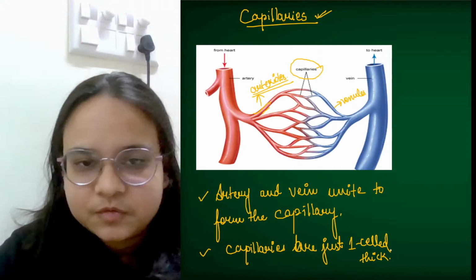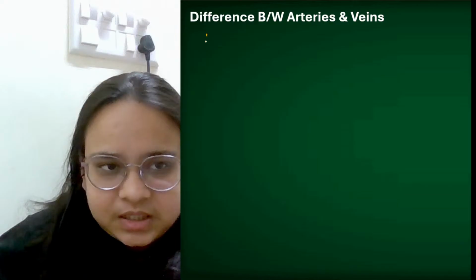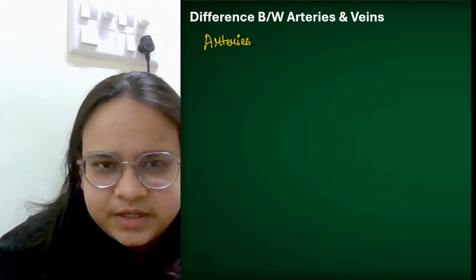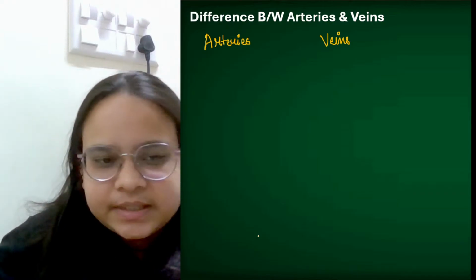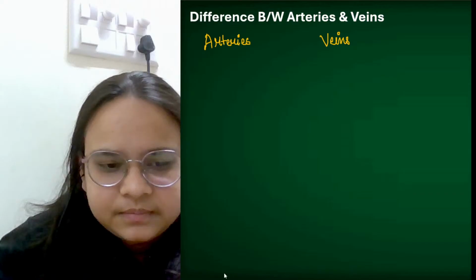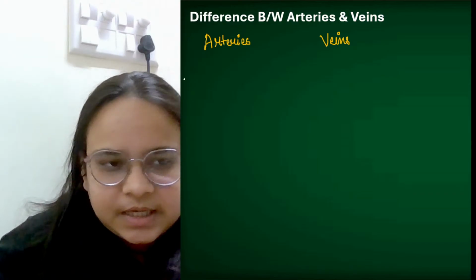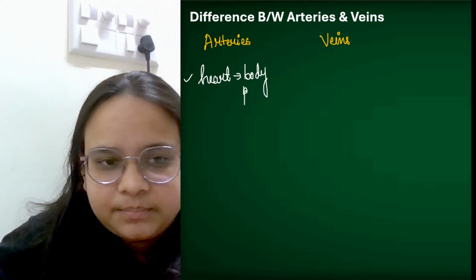Okay, so let's move to the next slide: the difference between arteries and veins. We have already discussed all these things, we just need to document them in a separate way. So for arteries, I'm just changing the color of the pen. The first thing, arteries bring blood from the heart to other body parts.